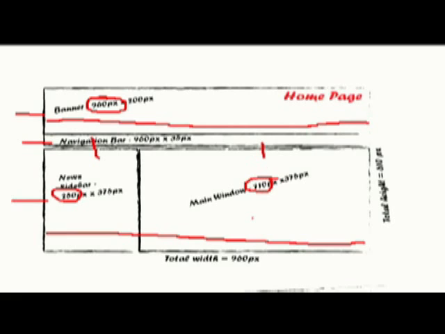So you can see I've got 710 there, 250 there, adds up to 960 all the way across. And if you plan that out, and then it's just a case of counting how many rows and columns you've got. So I've got 1, 2, 3 rows and 2 columns. Okay, and that's basically laying out your website using tables.